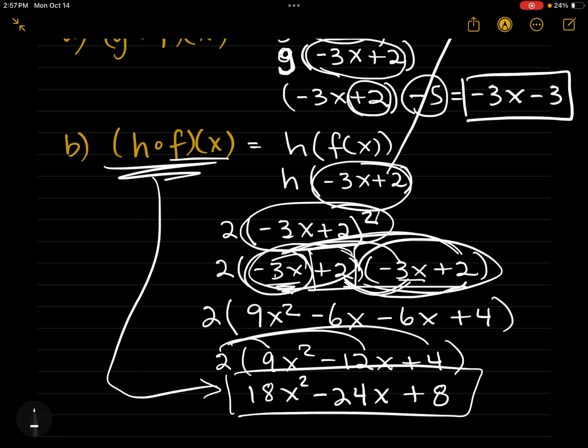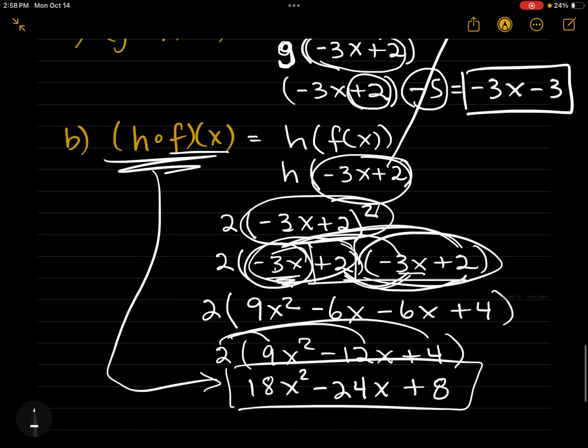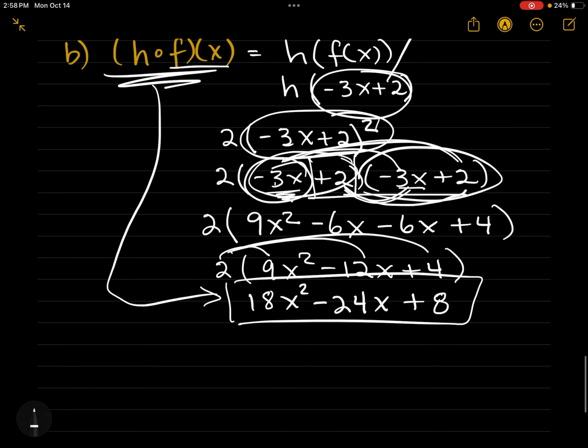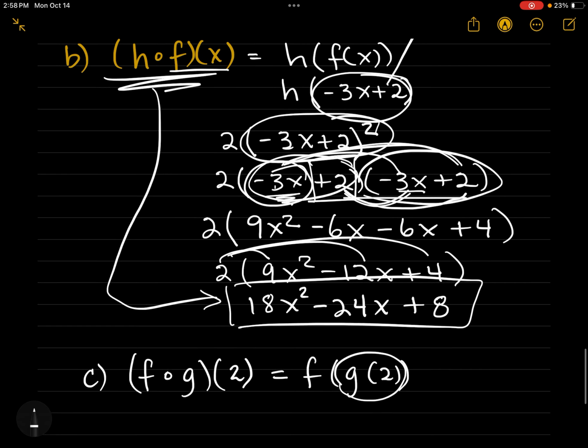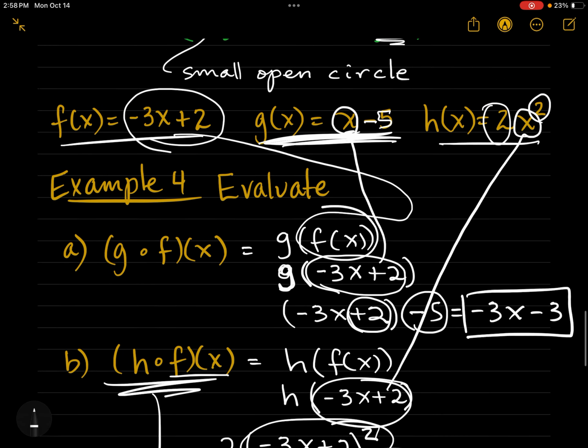I'd like to do one more with you. Let's use the same functions. Let's say we have f of g of 2. So what you would do here is put the g of 2 inside. But first, let's just find out what g of 2 is. So now I'm going to go up.